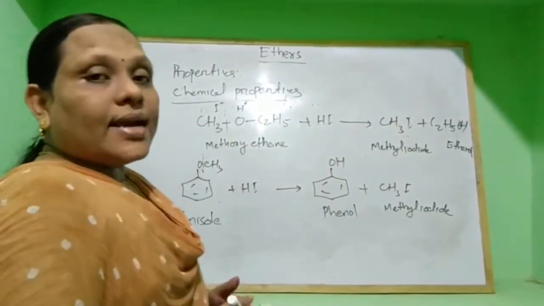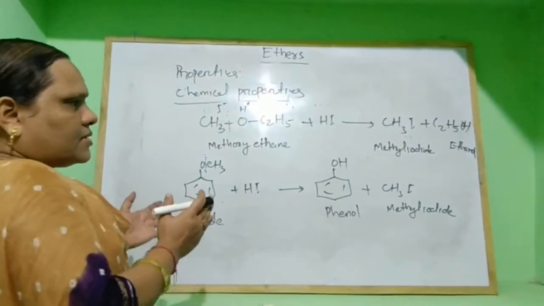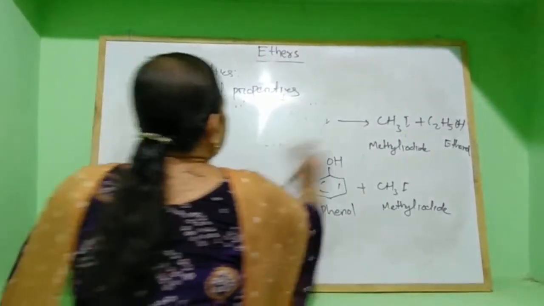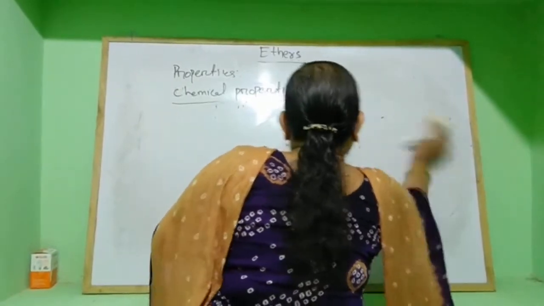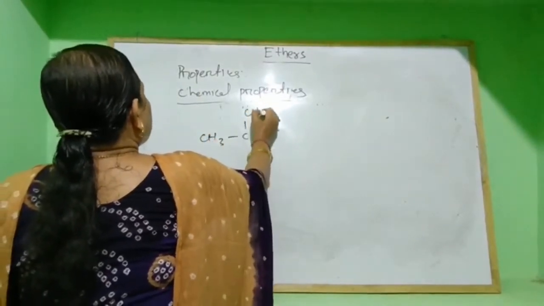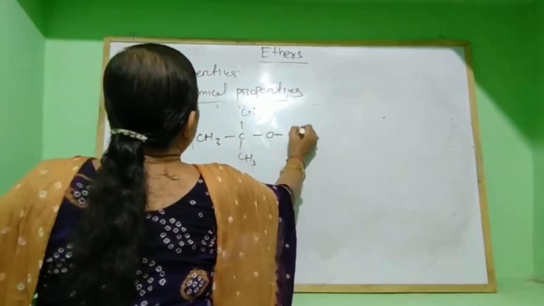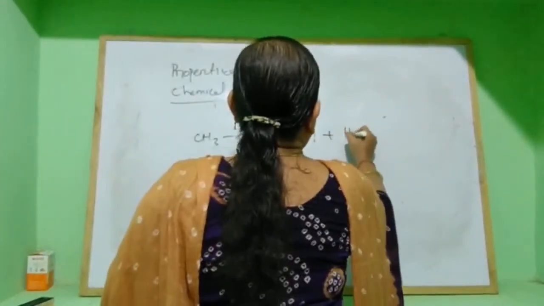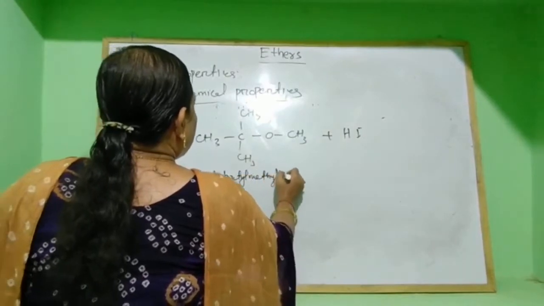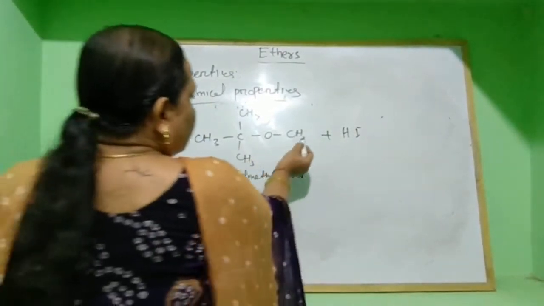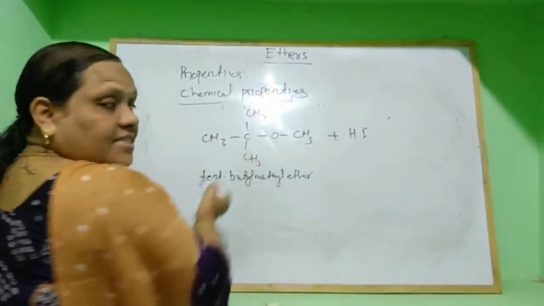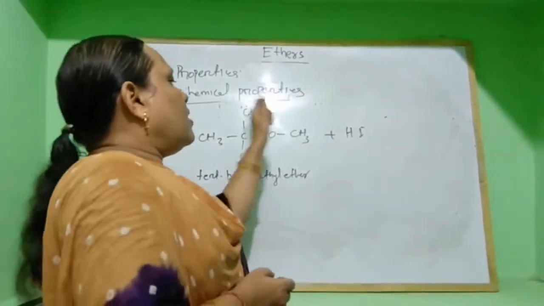But if one of the alkyl groups is a tertiary alkyl group, that is, if we consider tertiary butyl methyl ether, (CH3)3C-O-CH3 plus HI, then although this is a smaller group and this is a larger group, here the I minus links towards this, because tertiary carbocation is more stable than primary carbocation.